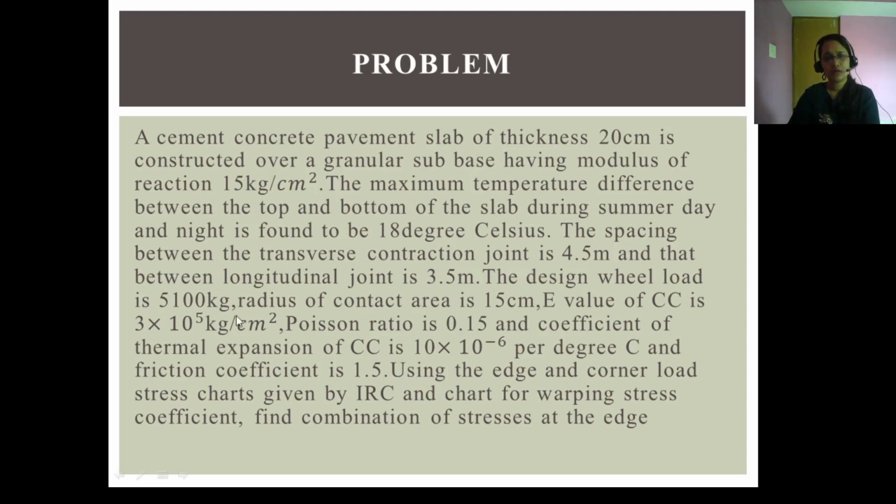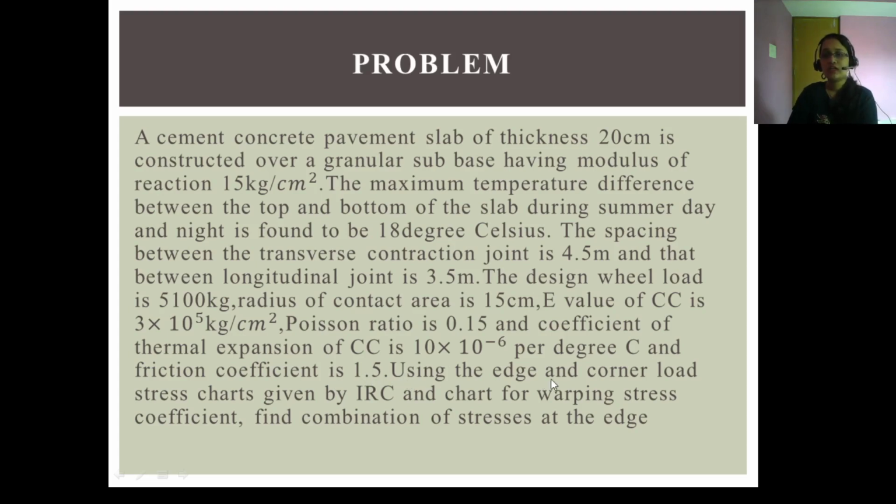The design wheel load is 5100 kg. The radius of the contact area is 15 centimeters. E value of the cement concrete is 3 into 10 raised to 5 kg per centimeter square. The Poisson's ratio is 0.15, the coefficient of thermal expansion of the cement concrete is 10 into 10 raised to minus 6 per degree Celsius, and the friction coefficient is 1.5.